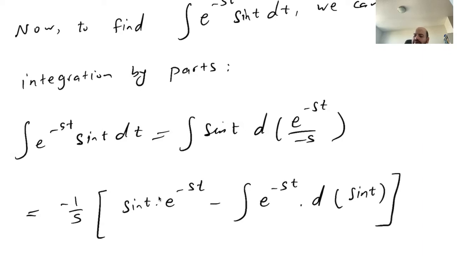My u here is sine t, so uv minus integral v du, so it's going to be v, e to power minus st, d sine t.